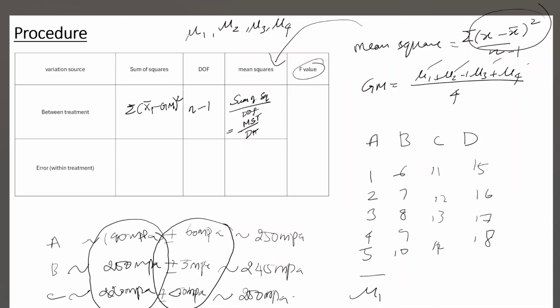This will have one mean value, this will have another mean value, so you have four different mean values for A, B, C, D. If you add mu1, mu2, mu3, mu4 and divide by 4, you will get the grand mean. And you have four experiments or four groups, so the degree of freedom is 4 minus 1, which is 3.